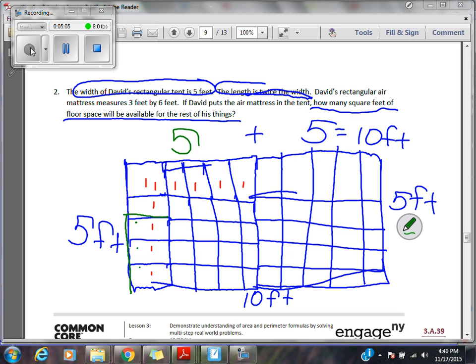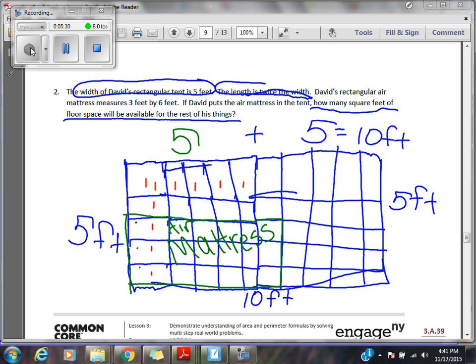So that's 1, 2, 3, 4, 5, and then 6. So I'm just going to draw this all the way around. This green part represents his air mattress. And everything around it represents what's left over after he puts his mattress.